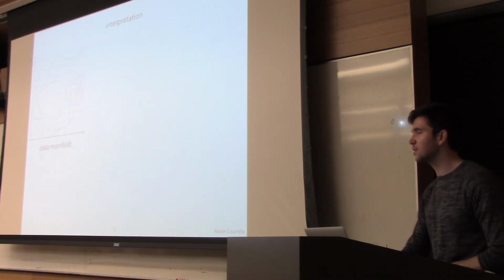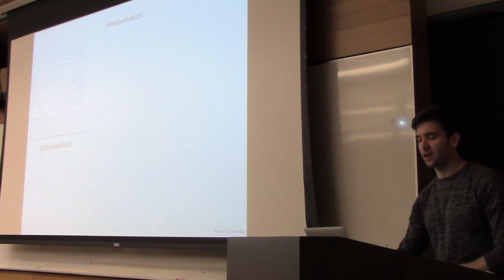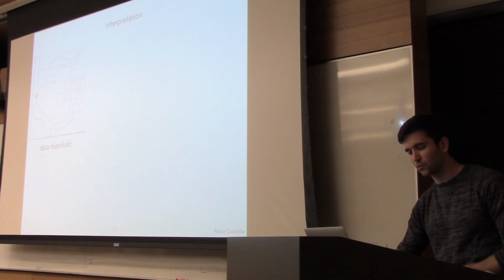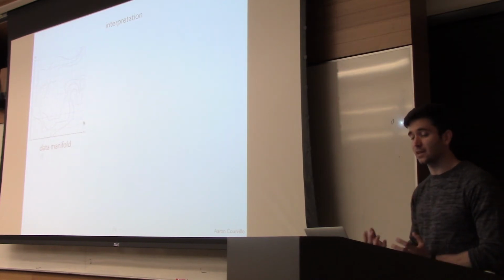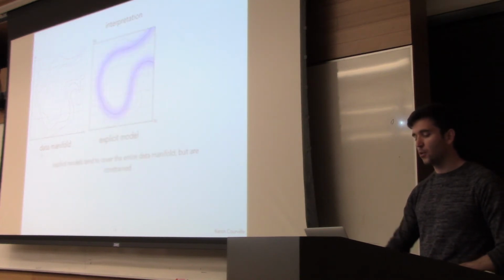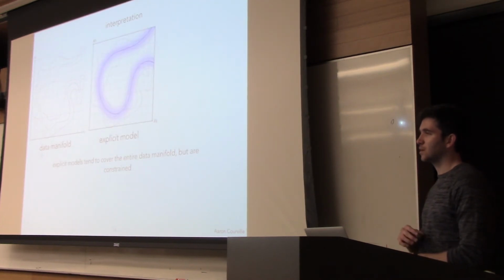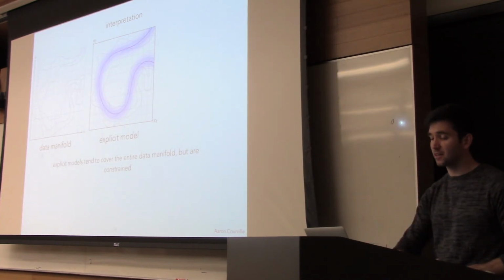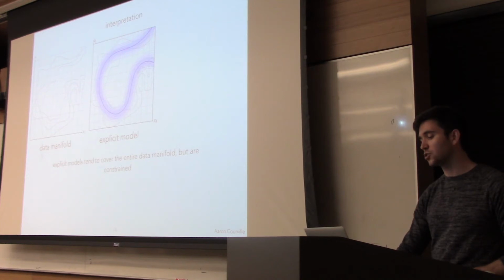So just to give some interpretation of what's going on, if you have this data manifold here, where each line defines the manifold that the data lie on, so each line here is the data, and this space in between has no data there. What an explicit maximum likelihood model is trying to do is fit as best as it can this distribution to this manifold.